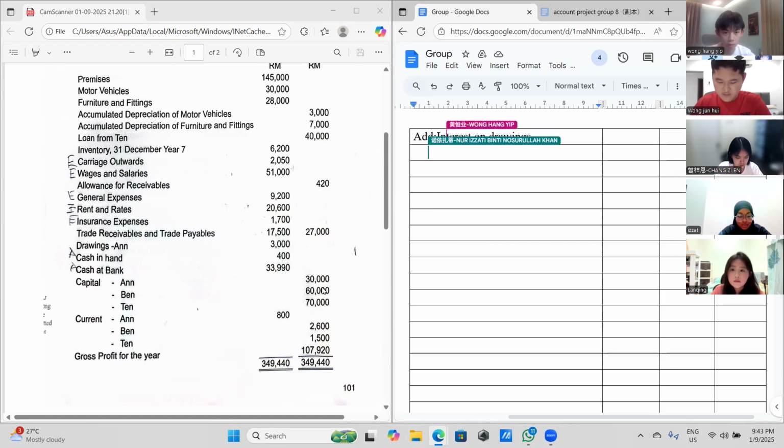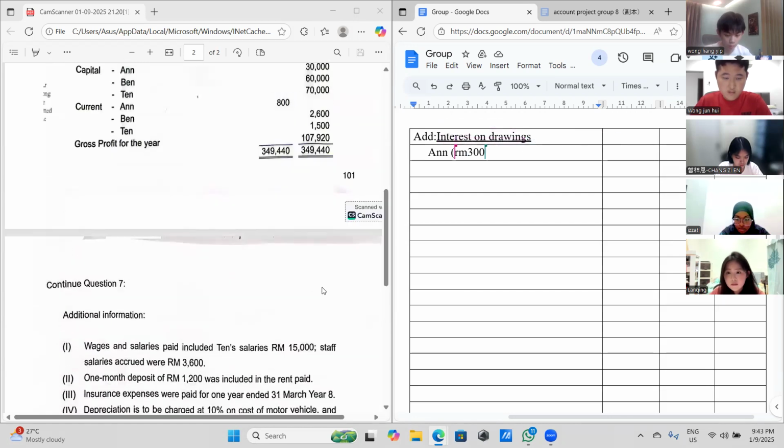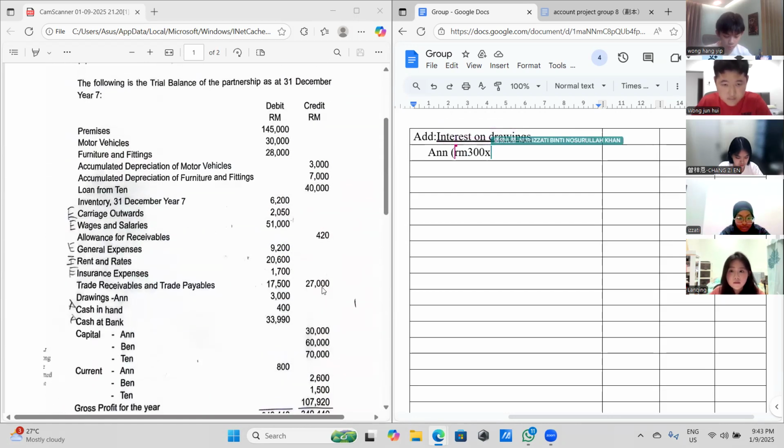The first one is add interest on drawings. Then the first one is N, and we have to multiply her drawings 3,000 with the multiply of 3%, which has already mentioned in the first part. Then we have to add on another RM 400, multiply with the 3%.